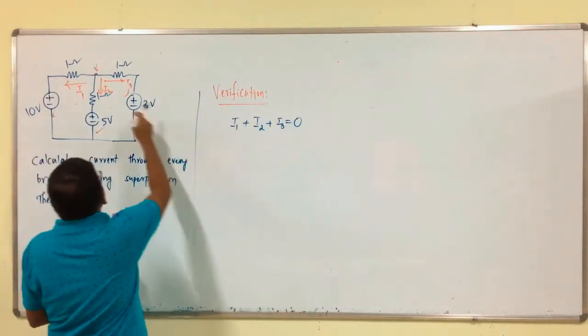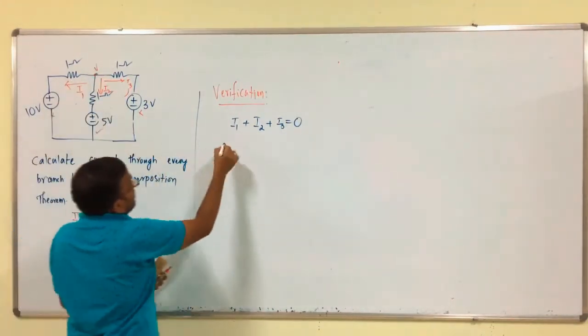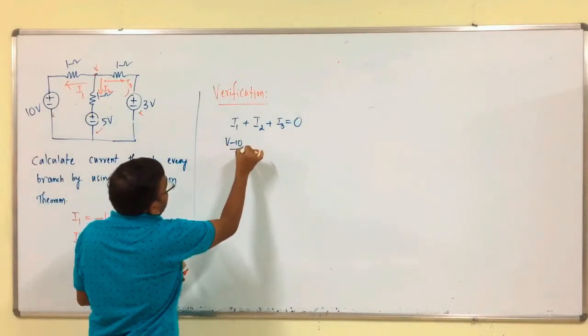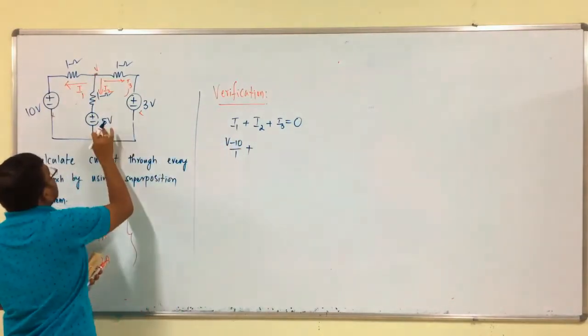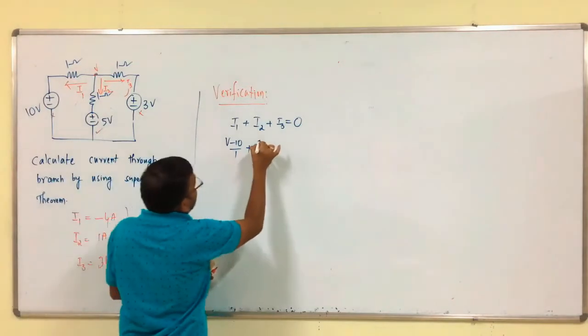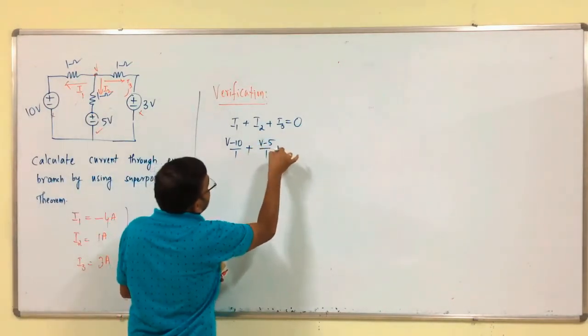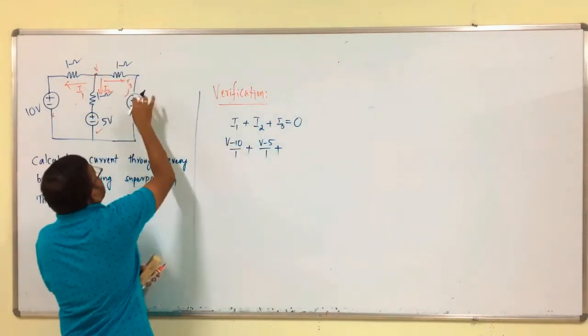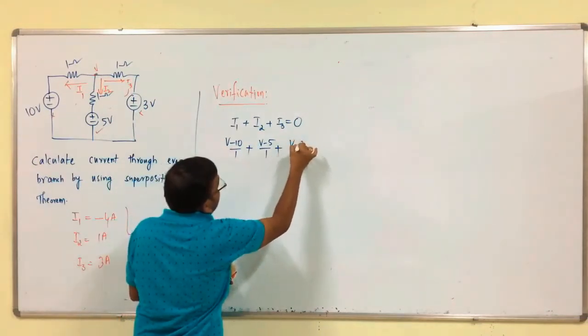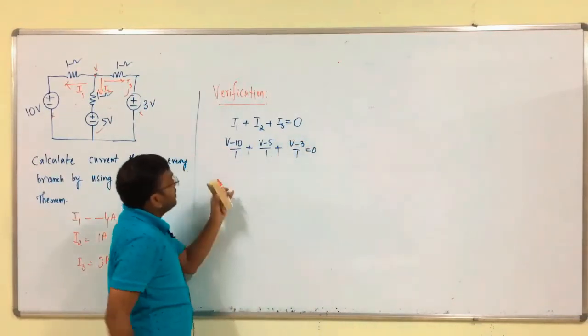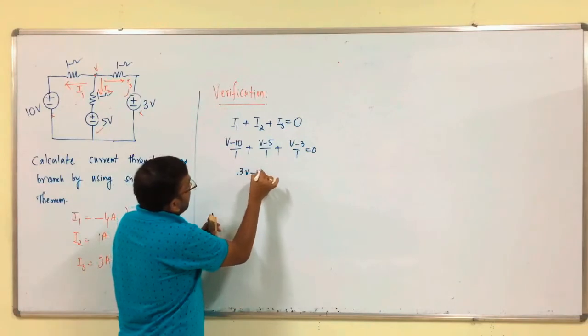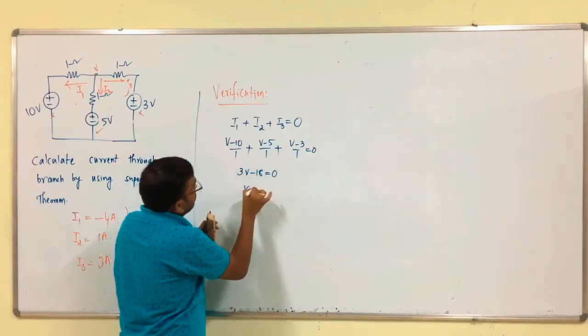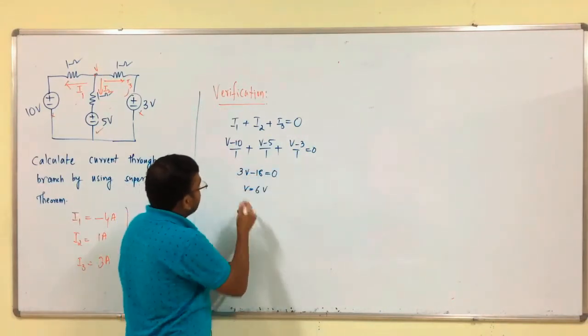So, what is the value of I1? V minus 10 by 1, plus what is I2? V minus 5 by 1, plus what is I3? V minus 3 by 1, which is equal to 0. From this, 3V minus 18 is equal to 0. V is equal to 6 volts.